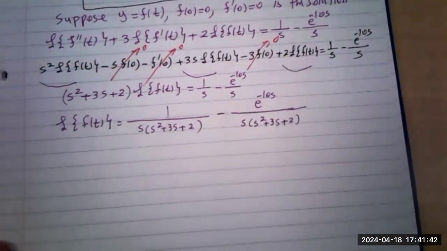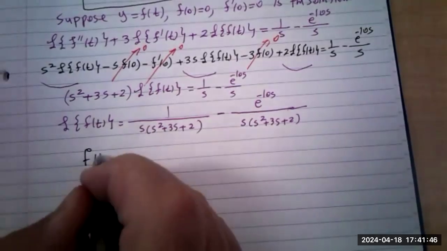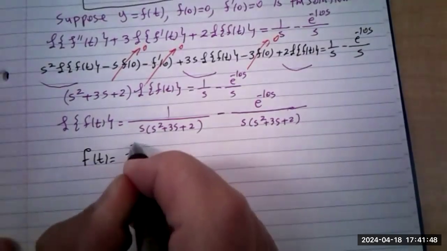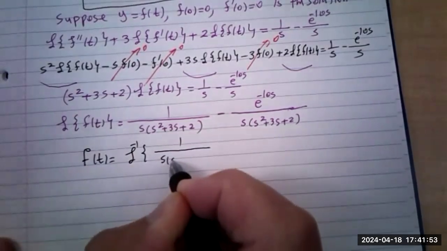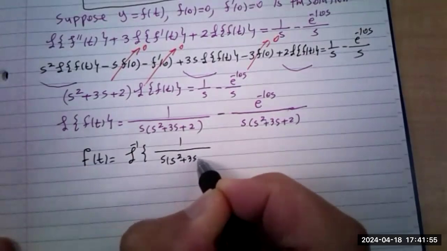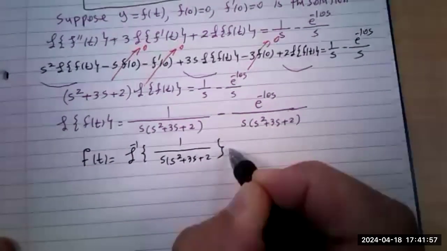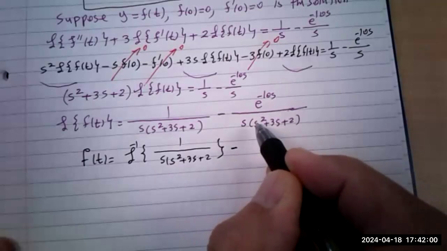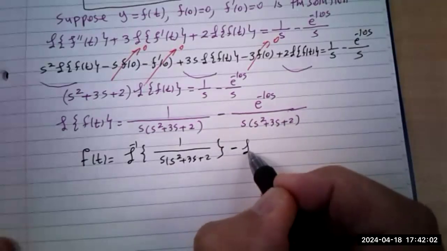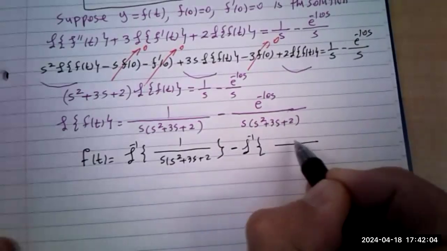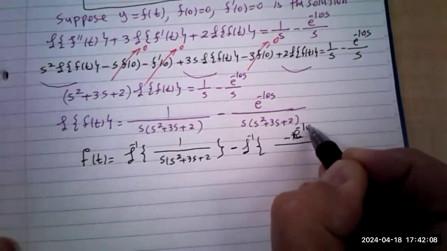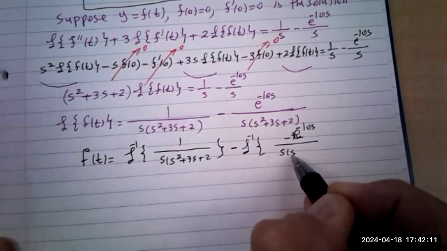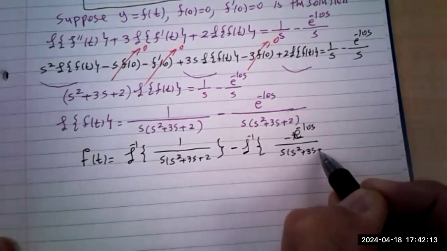Okay, that's it. So f(t) would be the Laplace inverse of these two, which are connected to each other. If you find the first one, then use the translation theorem to get the second. So it's going to be minus the Laplace inverse of e to the negative 10s over s times (s squared plus 3s plus 2).